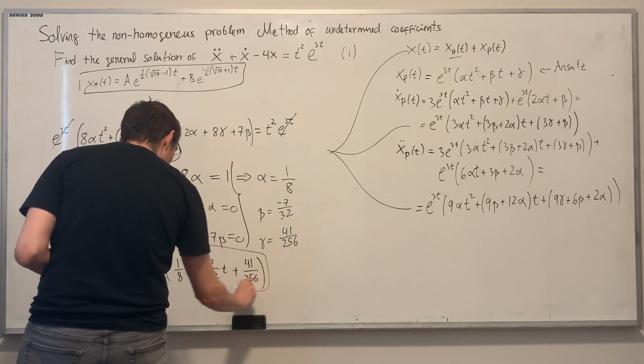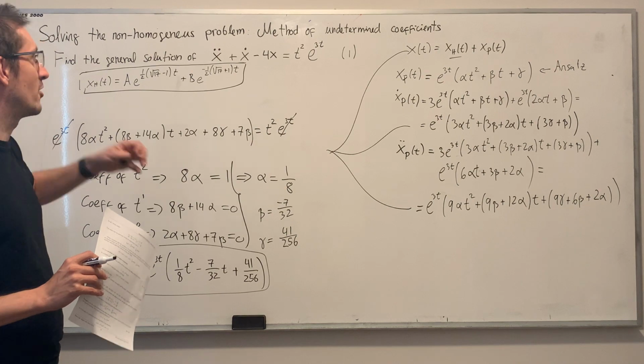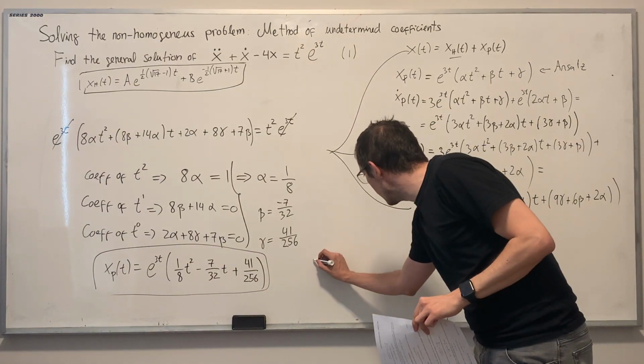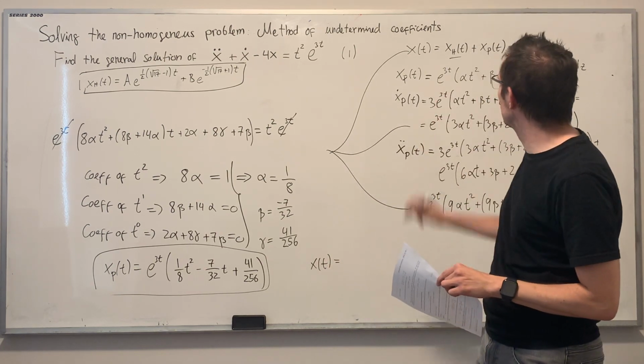And that's the particular solution. All right, the exercise is not done. We need the general solution to the full equation. So finally, the final solution to the exercise is the combination of the two.